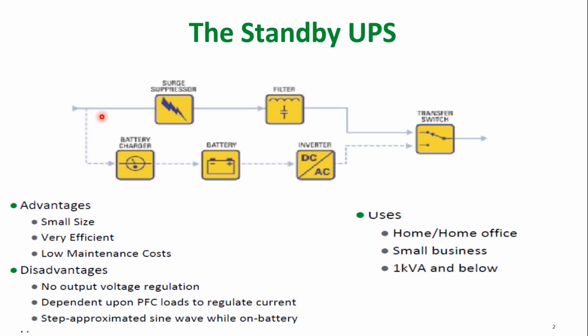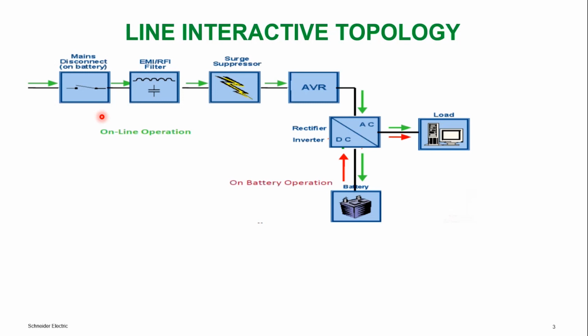This is the reason we use such topology UPSs only for basic purposes, either for our desktop computers or workstation computers. We will see in the next slides what applications we can use these UPSs for. Next one is the line interactive topology.